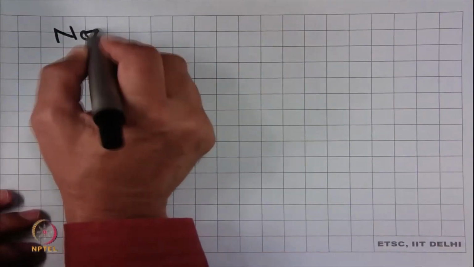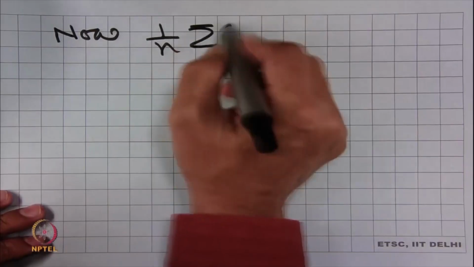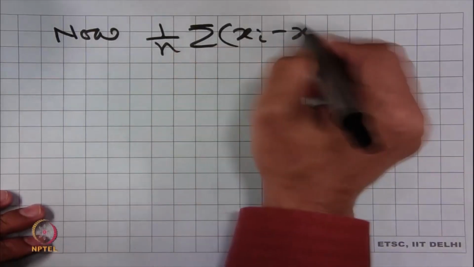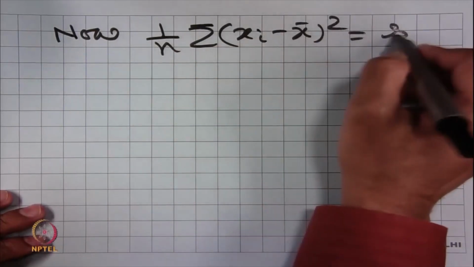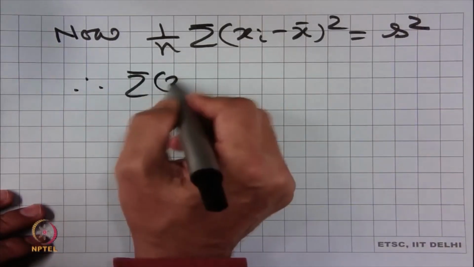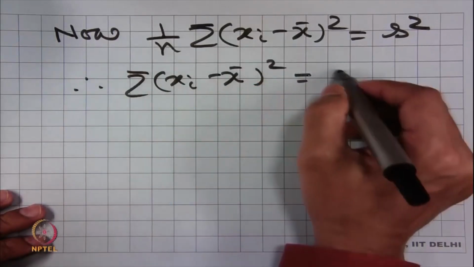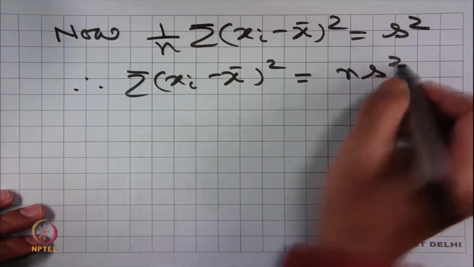Now, 1 by n sigma xi minus x bar whole square is equal to a square. Therefore, sigma xi minus x bar whole square is equal to n times a square.